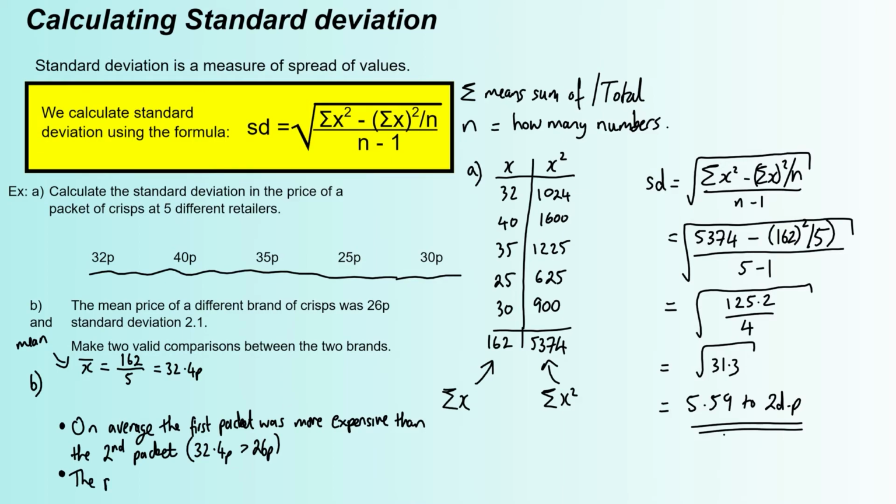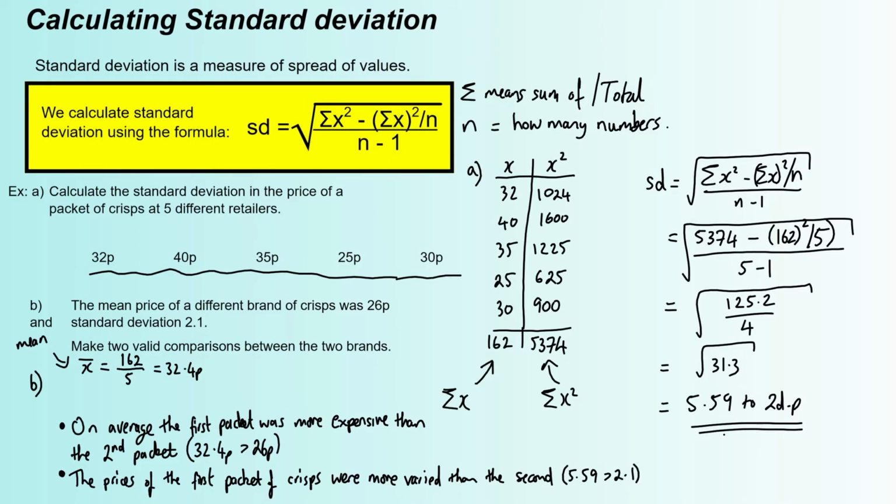So the prices of the first packet of crisps were more varied than the second. And that's because 5.59 is greater than 2.1.